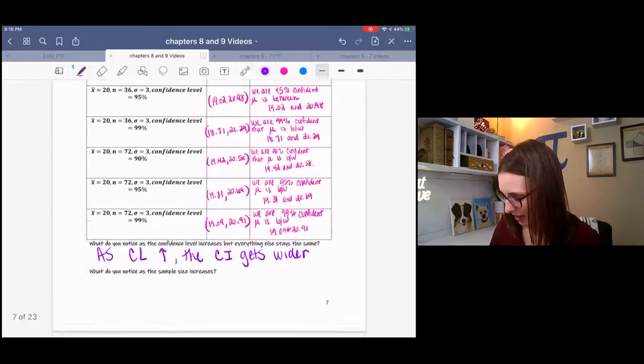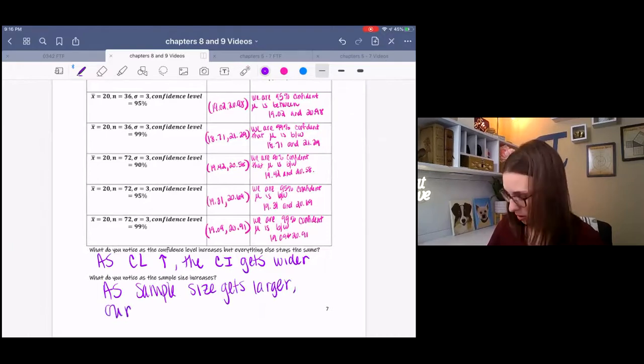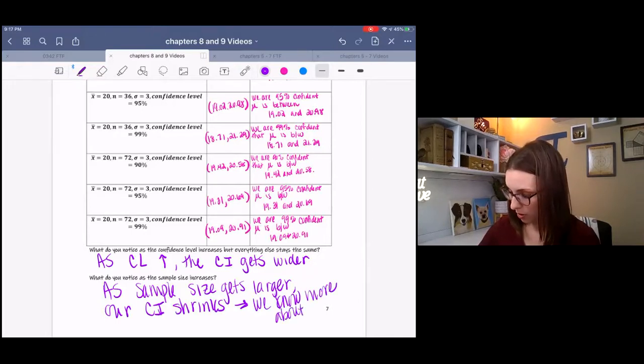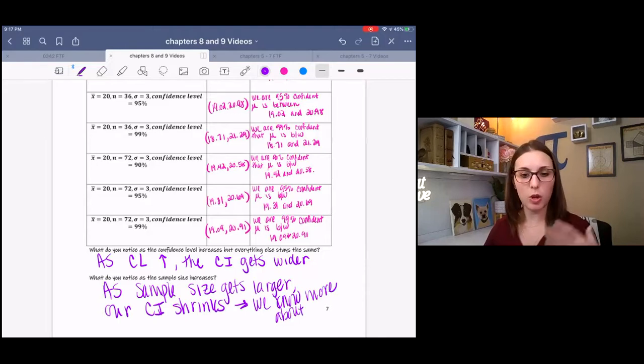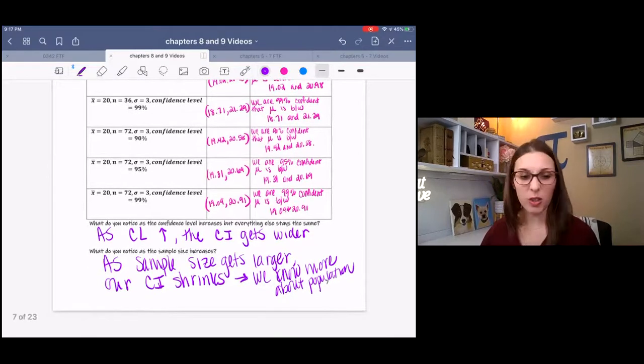This is so neat. As sample size gets larger, our confidence interval shrinks, because we know more about our population based on a bigger sample.